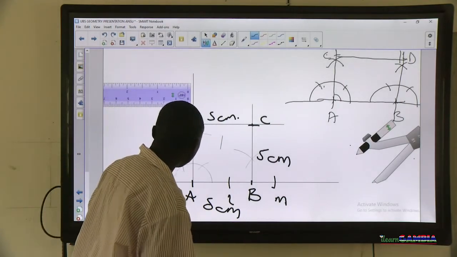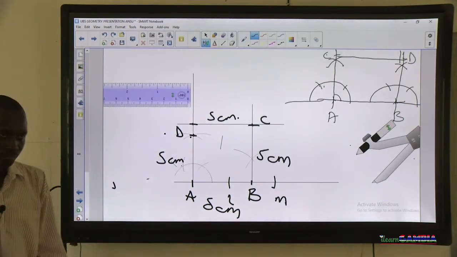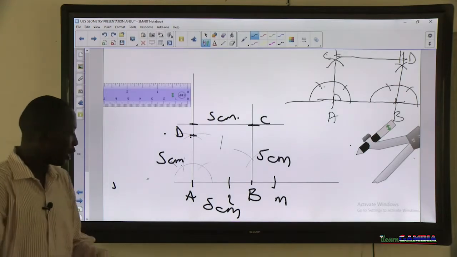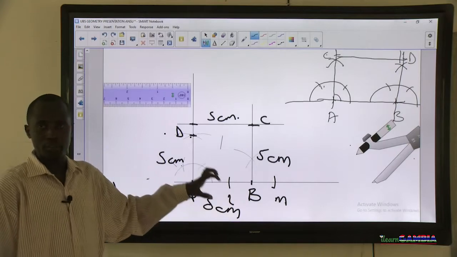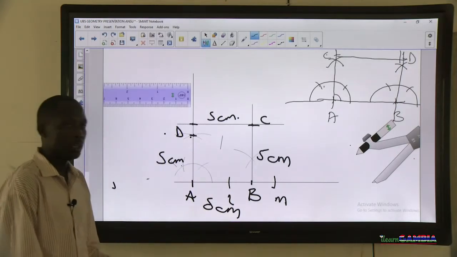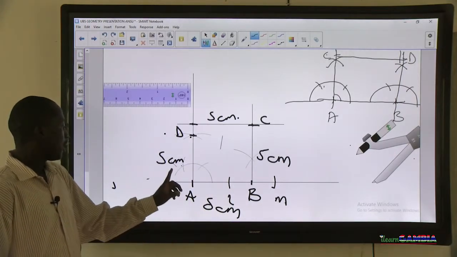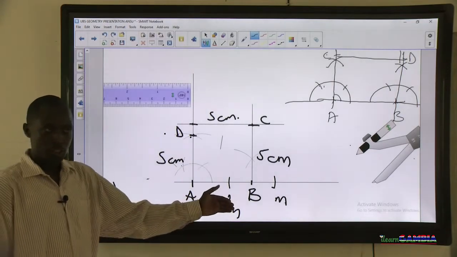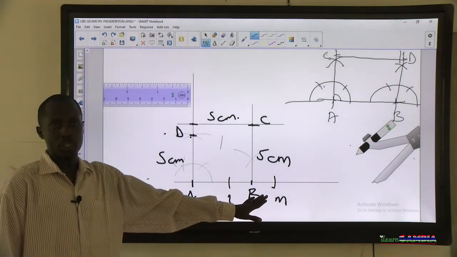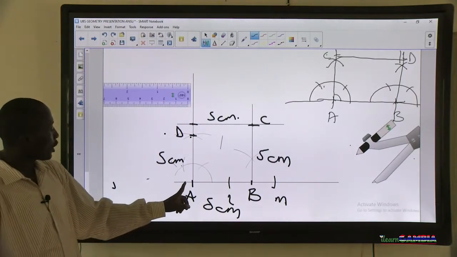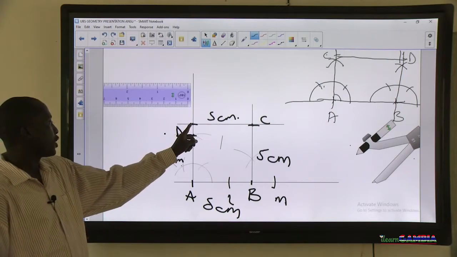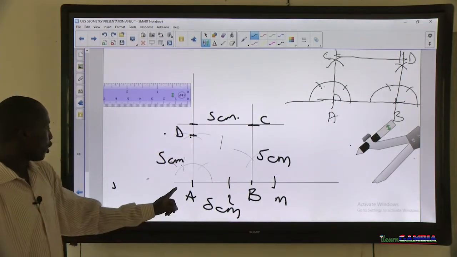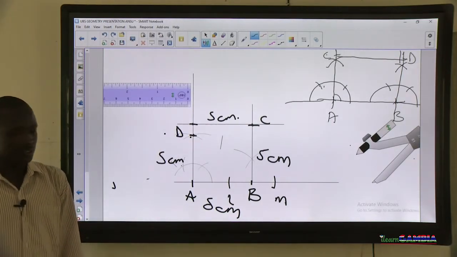What do we do? First measure a line on the base of the page or whatever you are using to do the construction. Mark 2 points on it, A, measure 5 centimeters using your ruler and mark to get B. Then you construct an angle of 90 degrees at B. Then you mark 5 centimeters on that, so it becomes AD equals 5 centimeters.